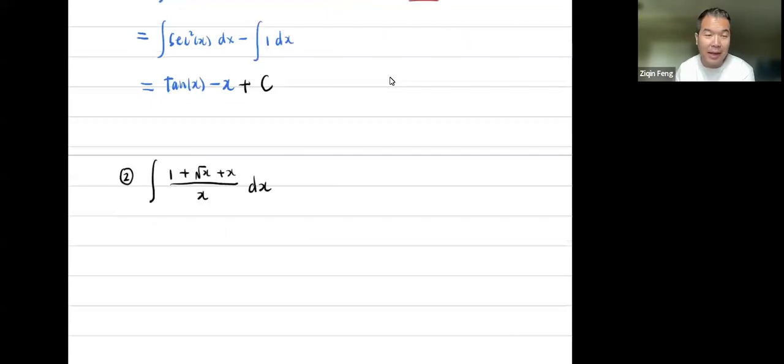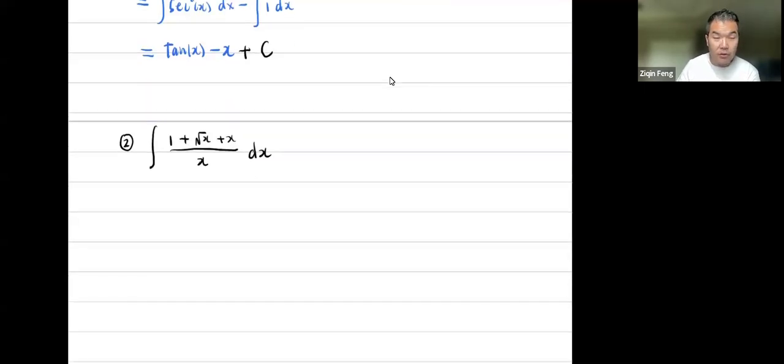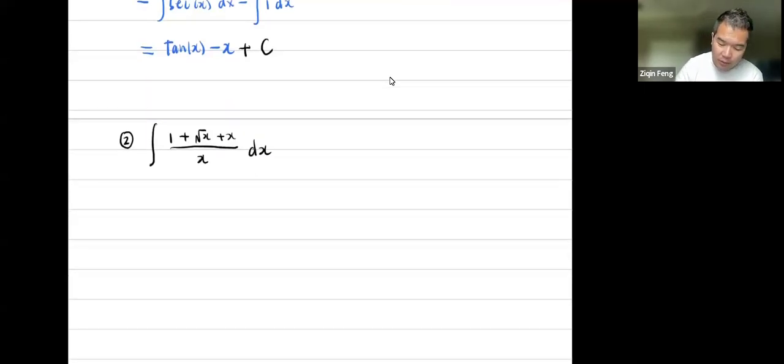This antiderivative is linear. What's the meaning of that? You can split a big term into a sum or difference, right? So look at this function. Let's refresh, recall two things, right? One is the power function.